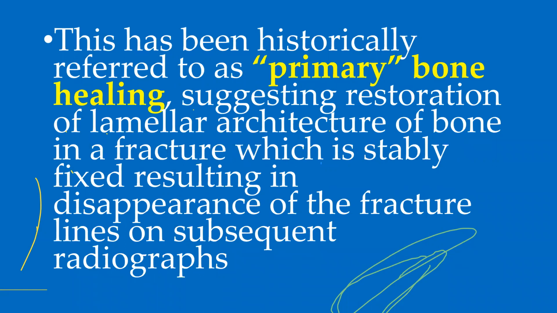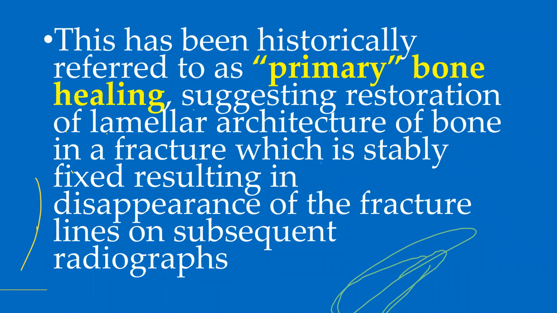Okay, and the primary bone healing restores the lamellar architecture of bone in a fracture which is stably fixed, resulting in disappearance of the fracture lines on subsequent radiographs. And this is very true. If you have stability and you're promoting primary bone healing, you don't see callus.